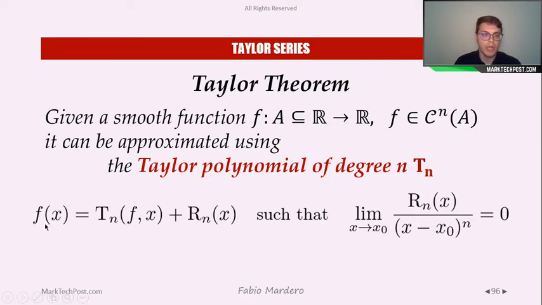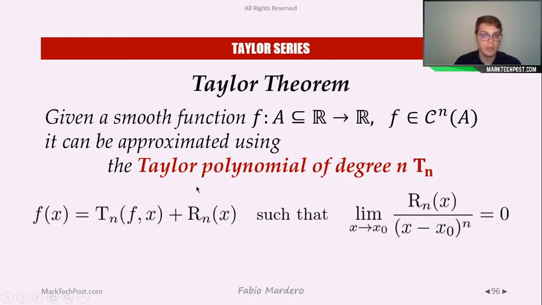In particular, we have that f, the function, computed at every point x in A, is equal to the Taylor polynomial of degree n with respect to f and that point, plus a residual term Rn(x).